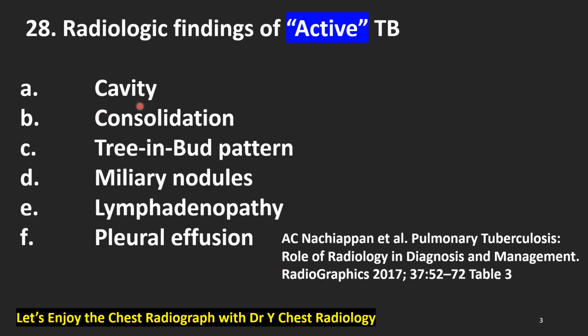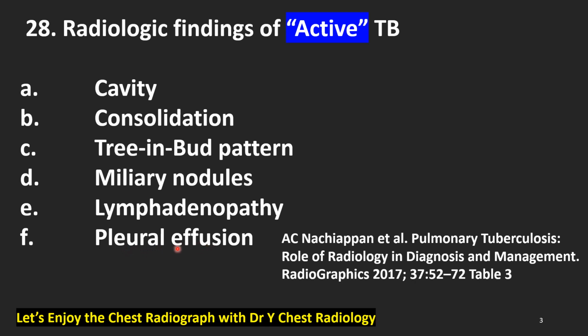Number 1 is cavity formation. This is active lesion. B, consolidation. C, tree in bud pattern. Also, the name is centrilobular nodules. D, miliary nodules. E, lymphadenopathy. F, pleural effusion.